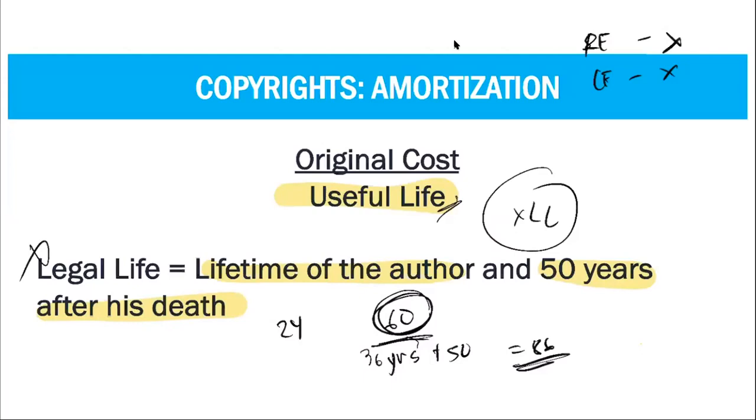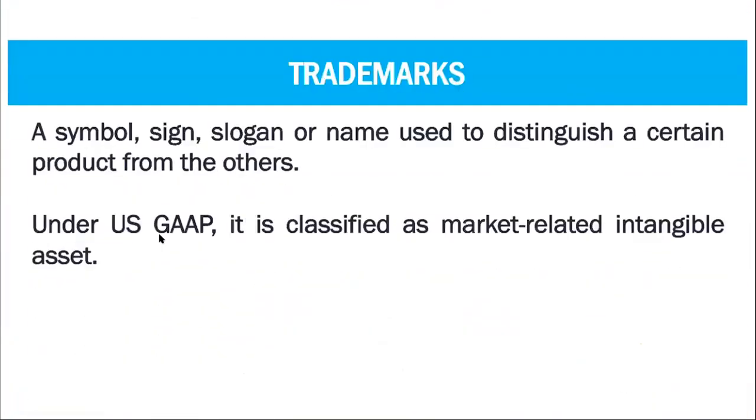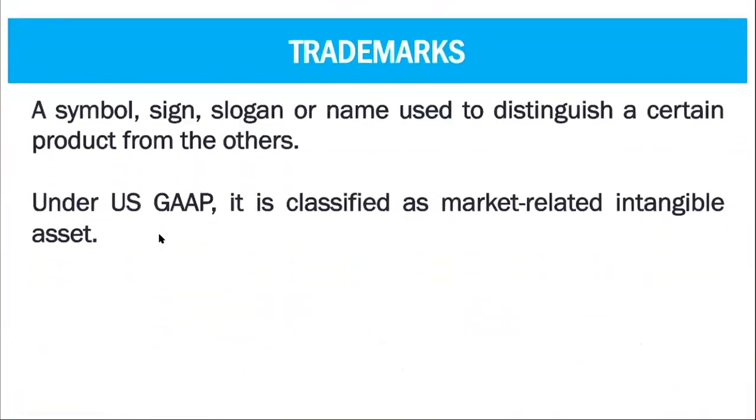Okay? That's for copyrights. Now we proceed to another type of intangible asset. We have your trademarks. For trademarks, these are marks that you see on a particular brand or product. So these are symbols, signs, slogans, or names. For example, Coca-Cola.